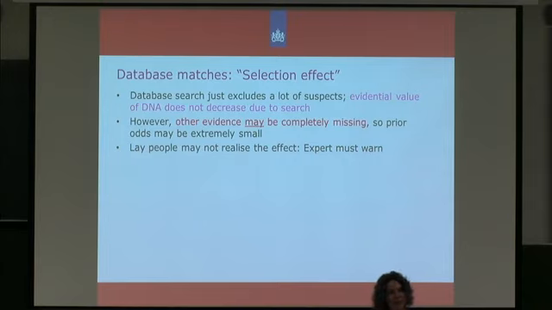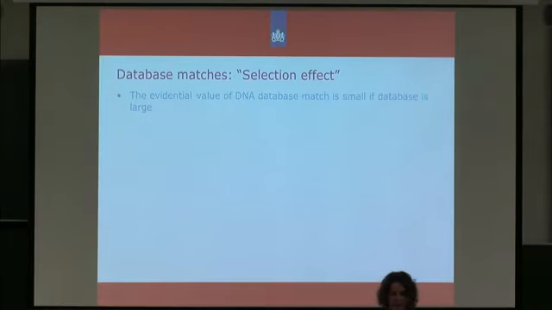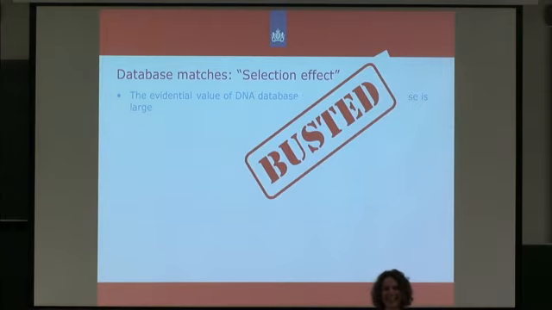But lay people may not realize this effect. They may not realize, oh, I have a very strong likelihood ratio, but maybe I have a very small prior. They don't do that. So I think that the experts should warn against this. So here's myth one that is busted. This is not true.